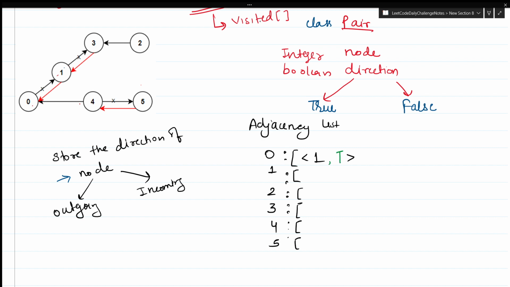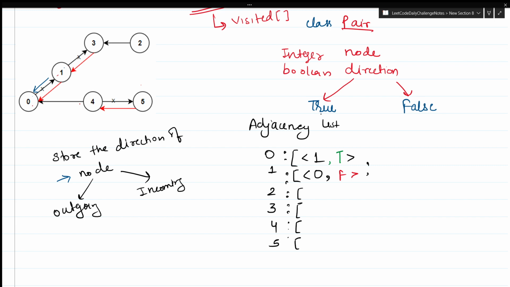The same thing will be stored in 1 as well. So 0 is connected to 1 with an outgoing branch, but 1 is not connected to 0 with an outgoing branch. So here I will store false.